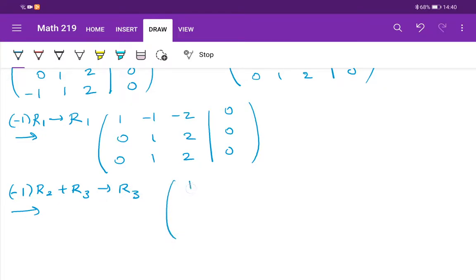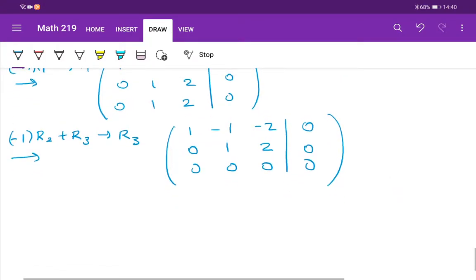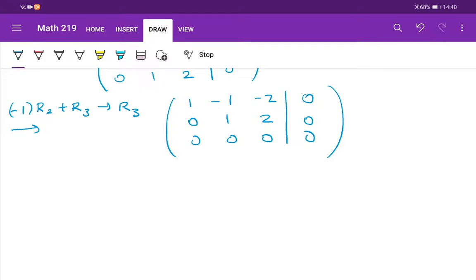We get 1, minus 1, minus 2; 0, 1, 2; 0, 0, 0. And this is now in row echelon form, and you can go one step further here. It's a little bit easier to solve the equations if you go one step further. So if you now add the second row to the first row, let's do it like that.